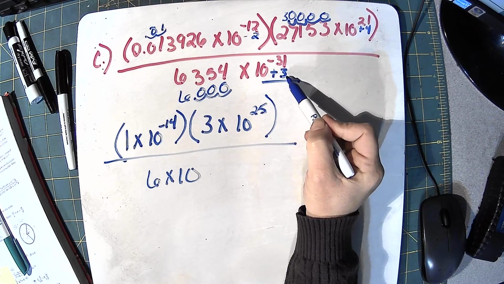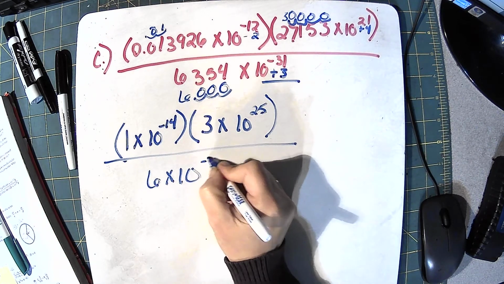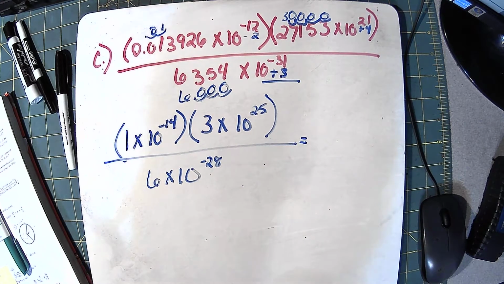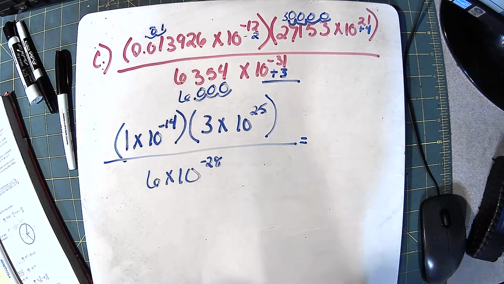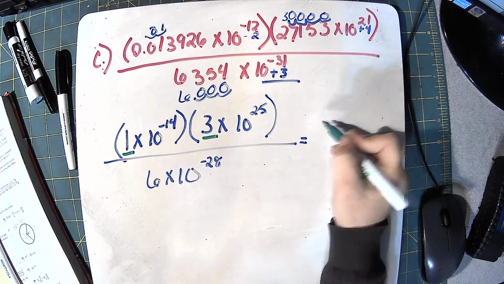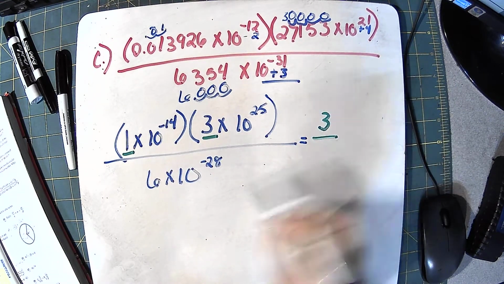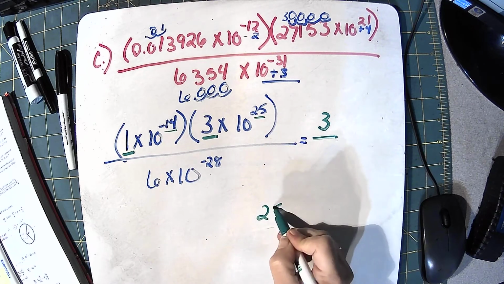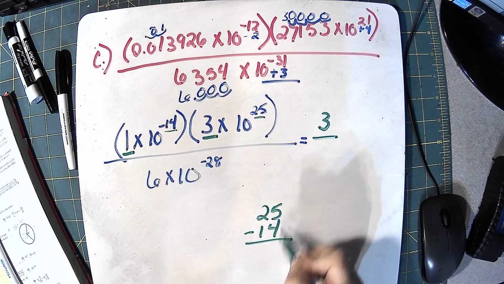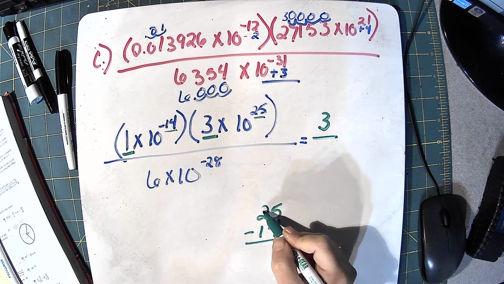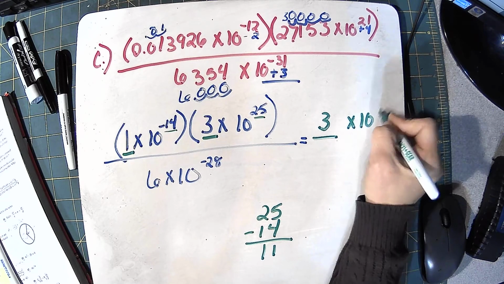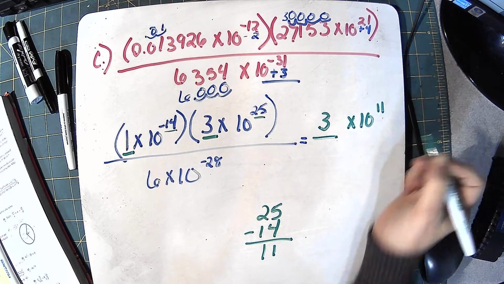Negative 31, positive 3 would be a negative 28. Okay, so now we're going to multiply our numbers and add our exponents. So 1 times 3 is 3. And then we're going to add negative 14, positive 25. So that'll be times 10 to the 11th.